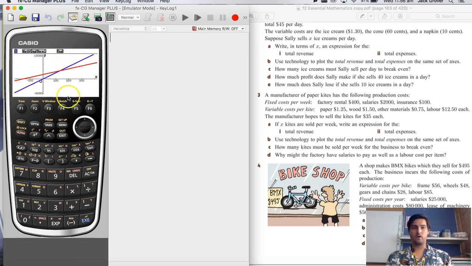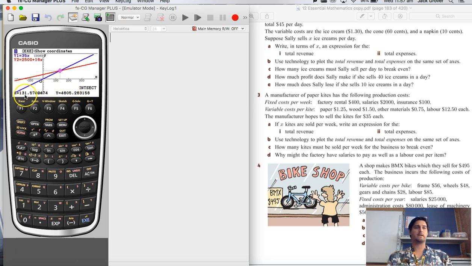Now we can find what that point is by going to G-solve, so F5, and then hitting F5 again to get our intersect. That's telling us that our intersect point is when x equals 131, y equals $4,605.